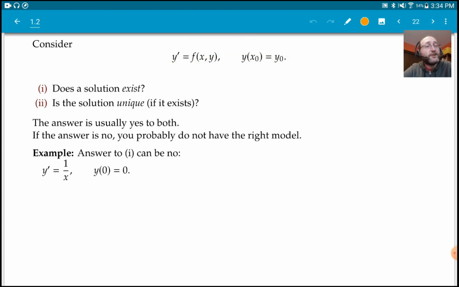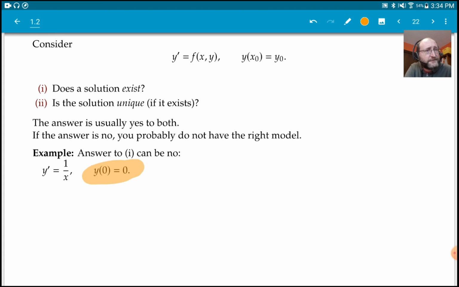All right. So let's see number one, when a solution doesn't exist. It's sort of the simplest possible guy here. What about y prime equals 1 over x, right? And let's look at this initial condition, y at 0 is supposed to be 0, right?